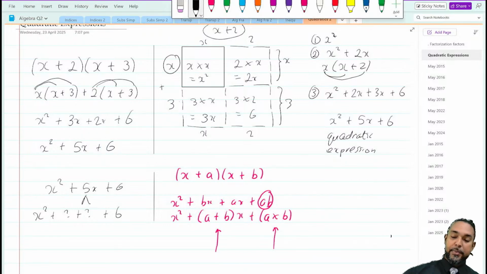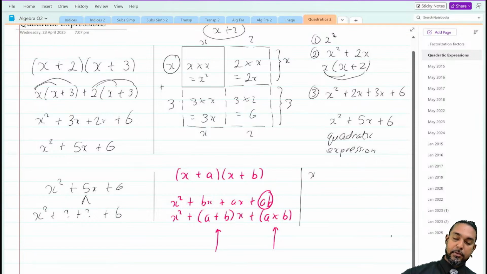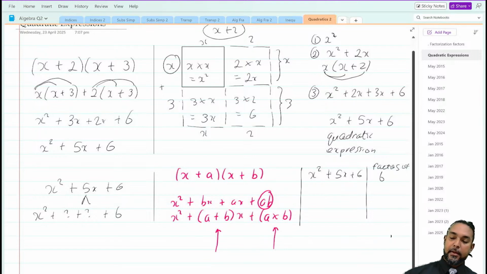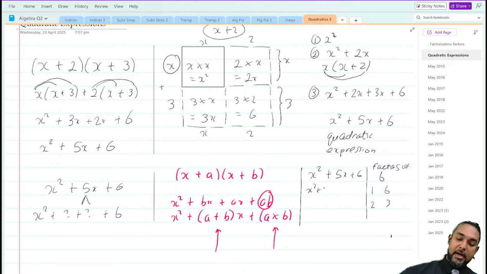So when we're doing x squared plus 5x plus 6, we end up looking for the factors of 6 that, when we add them together, will give us 5. If we consider 1 by 6 and 2 by 3, which of those pairs of factors will give us 5 when you add them? 2 and 3. So now we'll simply re-express the 5x as 2x plus 3x.